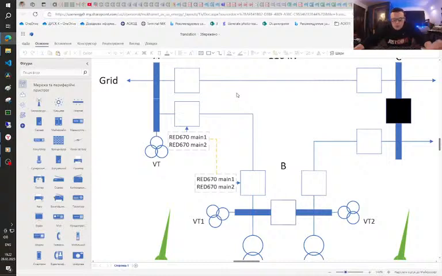On that line are installed two main protections, RED 670 from Hitachi Energy, and there is not only differential protection but also backup protection, like distance protection and ground overcurrent protection. Also there are some features that historically happened on such lines.